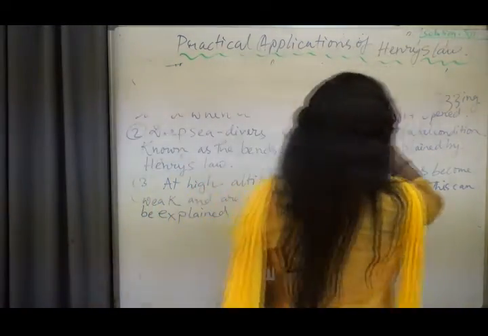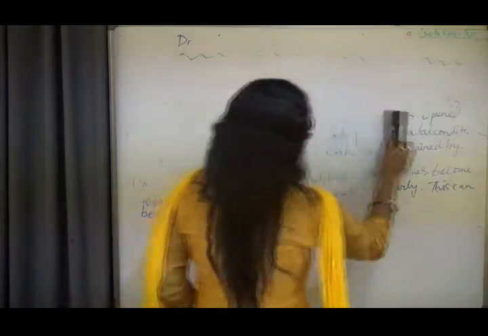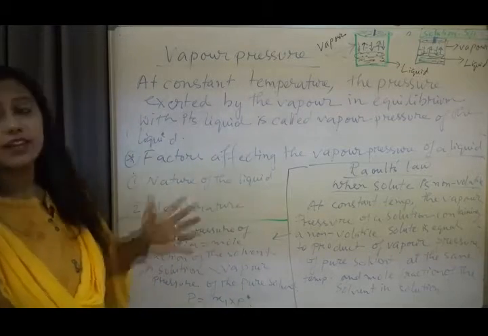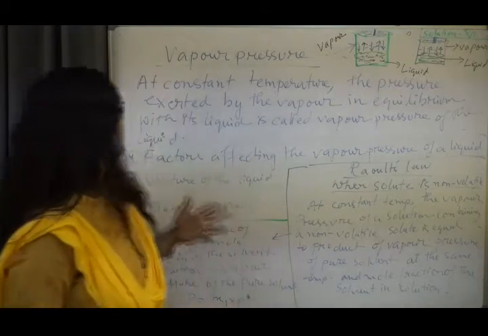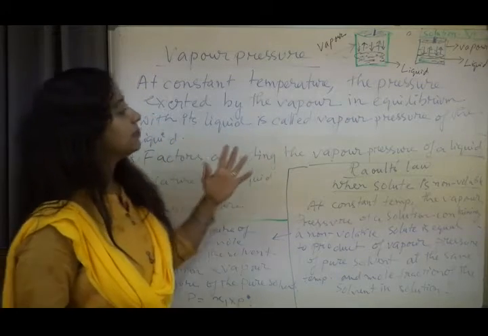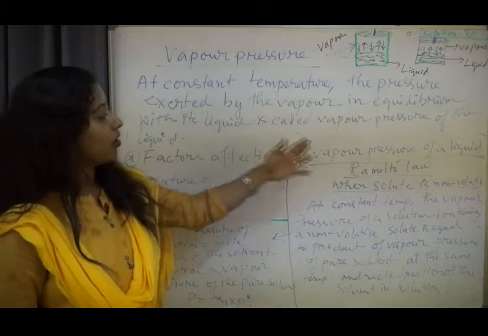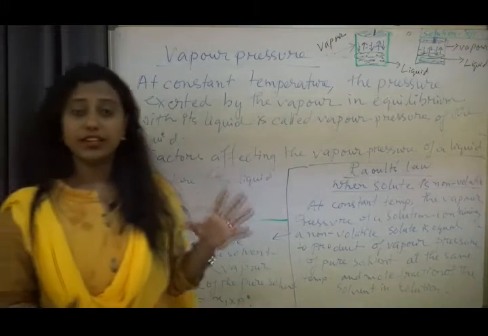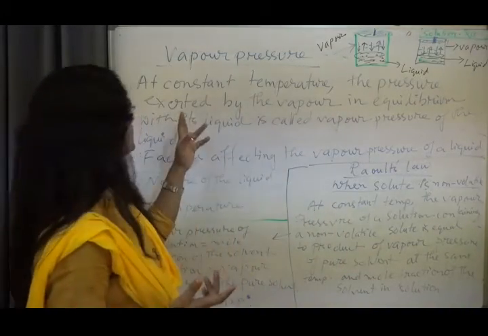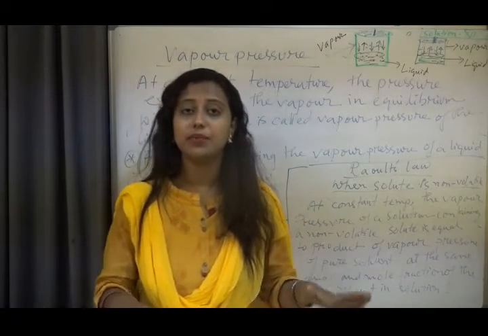Now I will be discussing another topic, which is vapor pressure. At constant temperature, the pressure exerted by the vapor in equilibrium with the liquid is called the vapor pressure. The temperature should be constant, and there will be equilibrium.